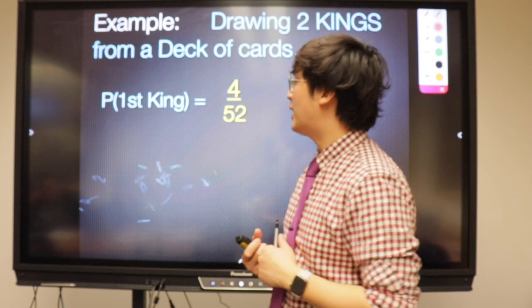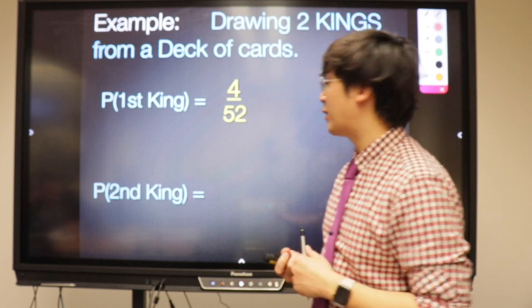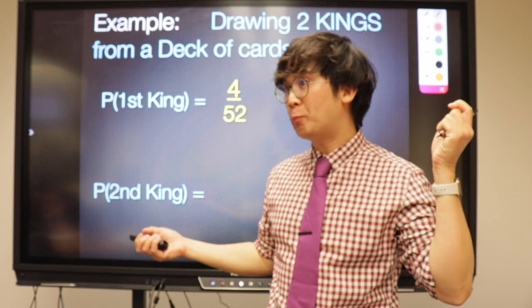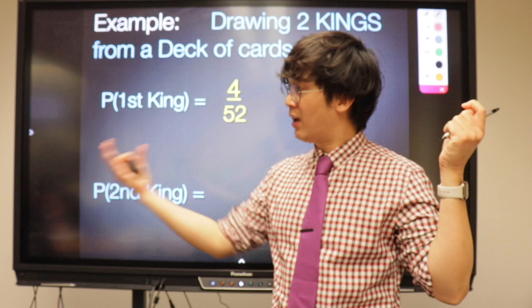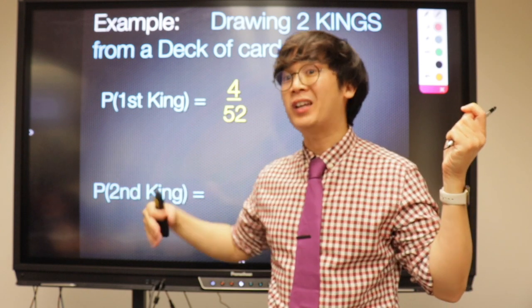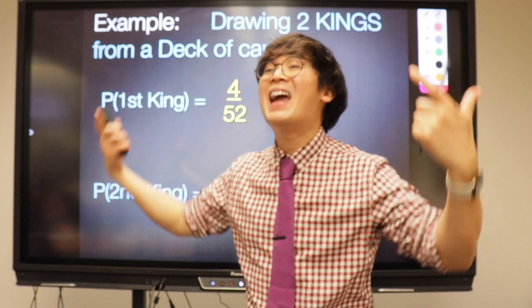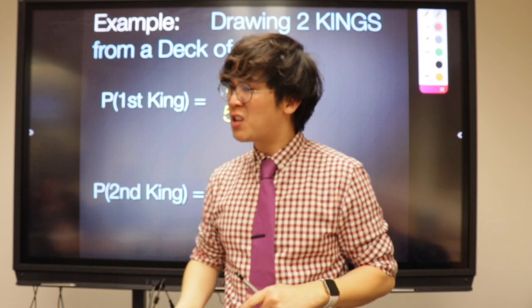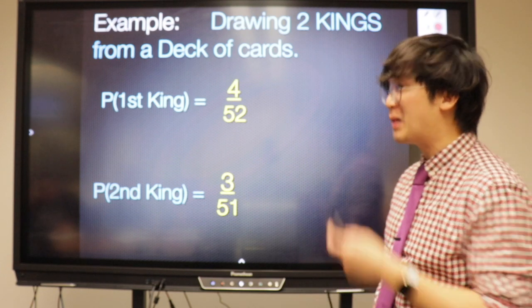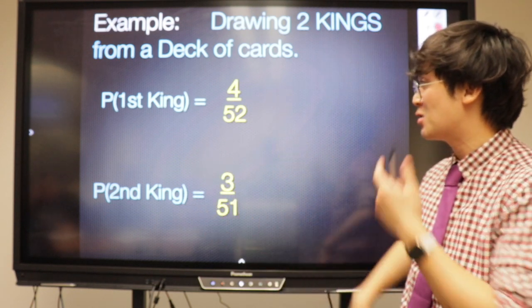But what about the probability of getting the second king? Is it also going to be 4 out of 52? No, because assuming that you pick the card that is a king, there are only 51 cards left and 3 kings, right? Theoretically. That's why sometimes it's called theoretical probability, because we just need to be mindful of the theories to be able to answer this problem.